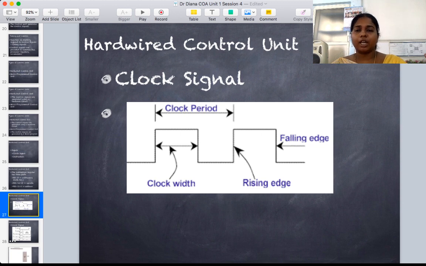But the number of clock cycles is fixed for a particular instruction. Say, if I say add a comma b, it will take only n number of clock cycles. If I say write into memory, it will take only x number of clock cycles. How many ever times I repeat the instruction, it will take the same number of clock cycles every time for execution.